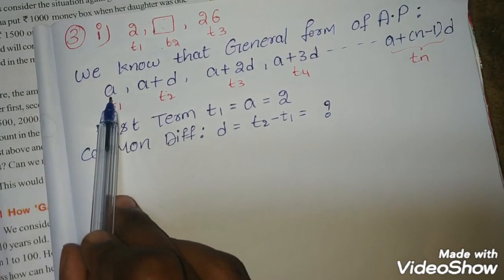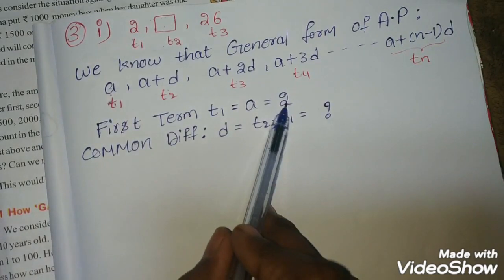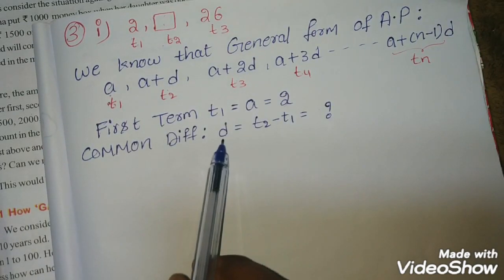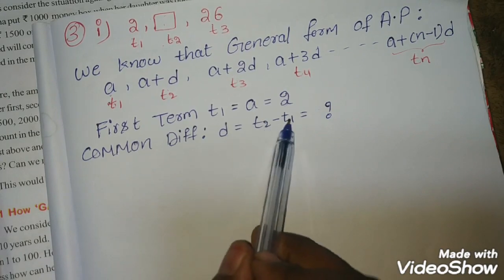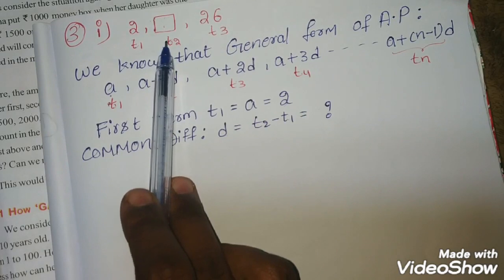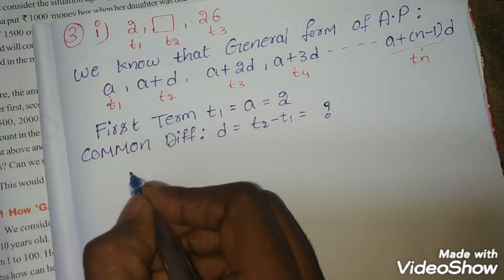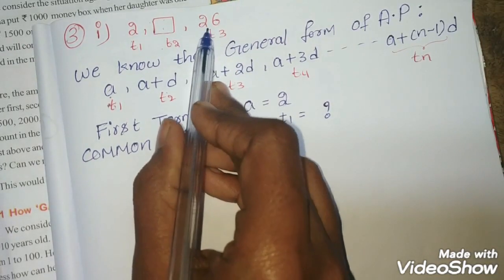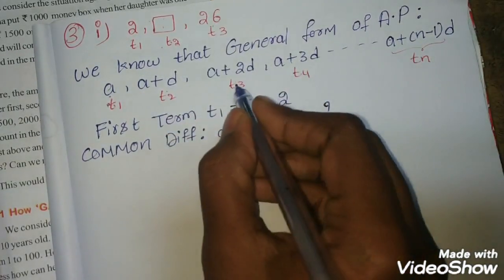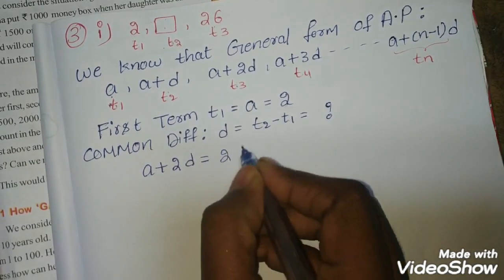Term 1 is equal to a and that is equal to 2. And we need to know the common difference, that is t2 minus t1. But we need to find term 2. So for that sake, we need to do like this. What is the third term here? Third term is 26. Here a plus 2d is equal to 26.